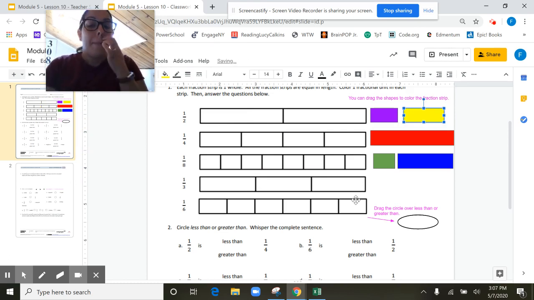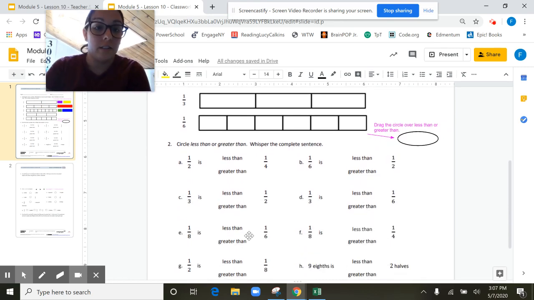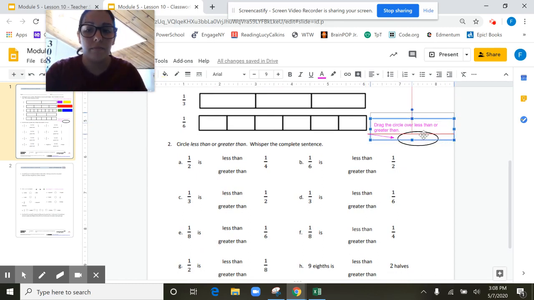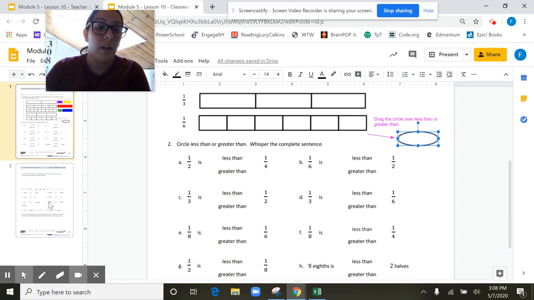The other one that you get to do is, again, just like we did in our concept development, circle less than or greater than. You can drag this circle over to the one that belongs, okay? That is your job.